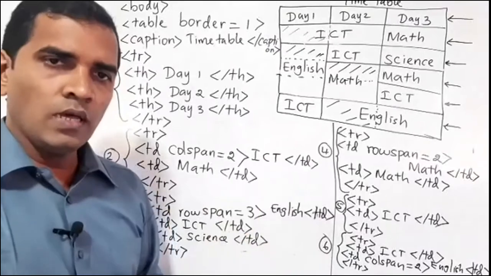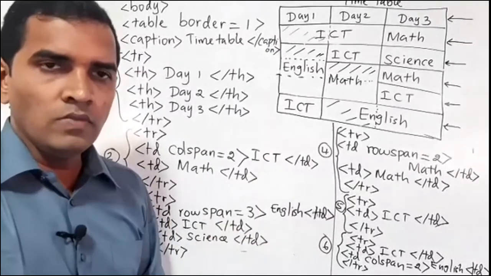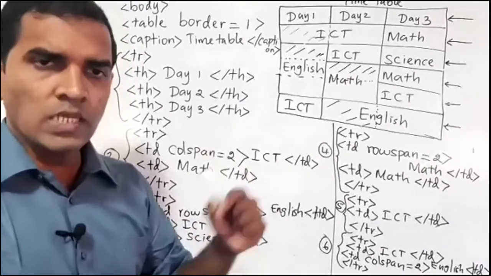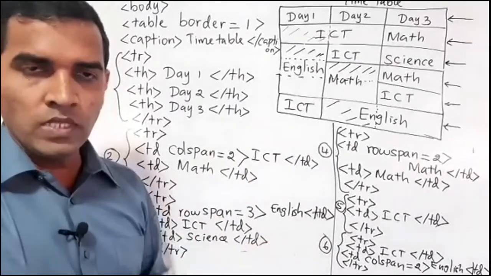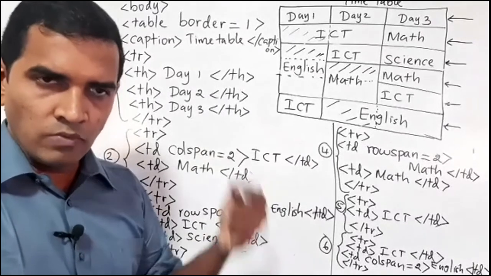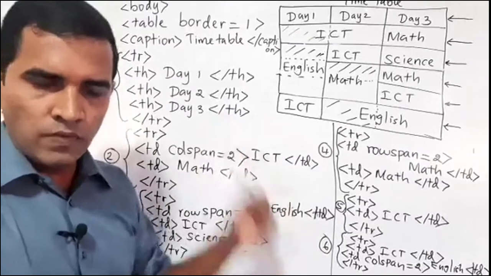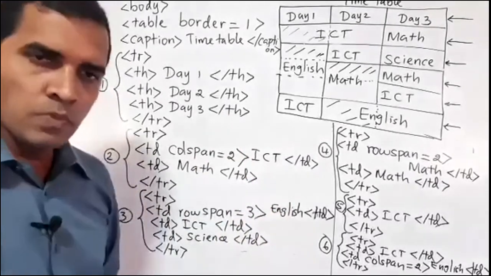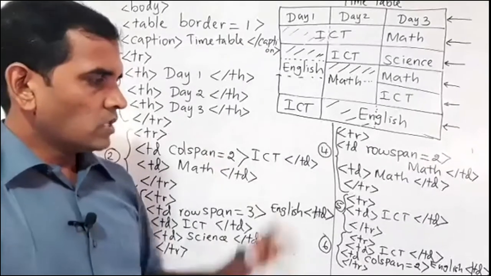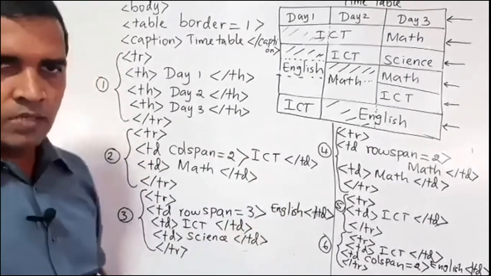They often add them to TR. For TR you cannot, because cells can be merged, not rows. We never merge the rows or the columns; we merge cells. So definitely row span and col span are used along with TD, and you have to use them appropriately.